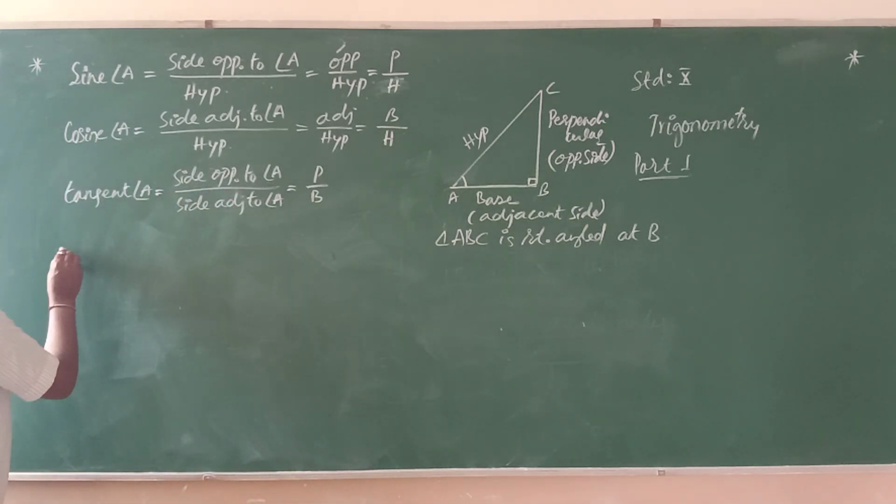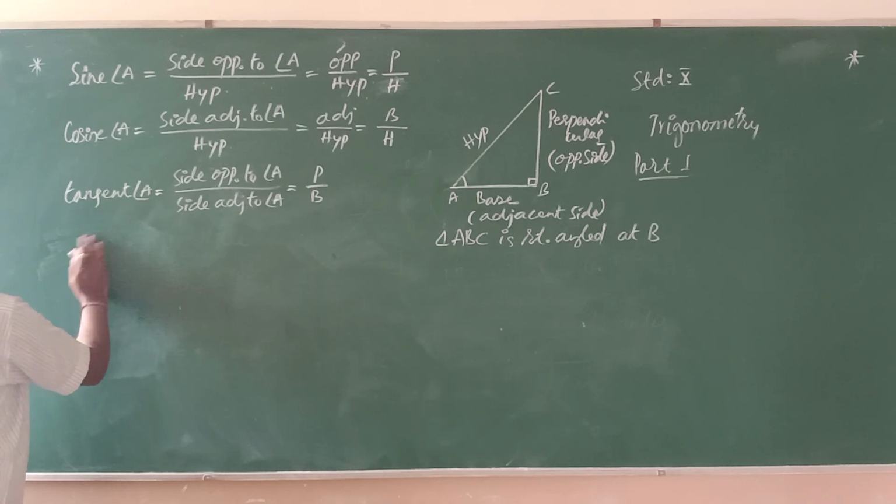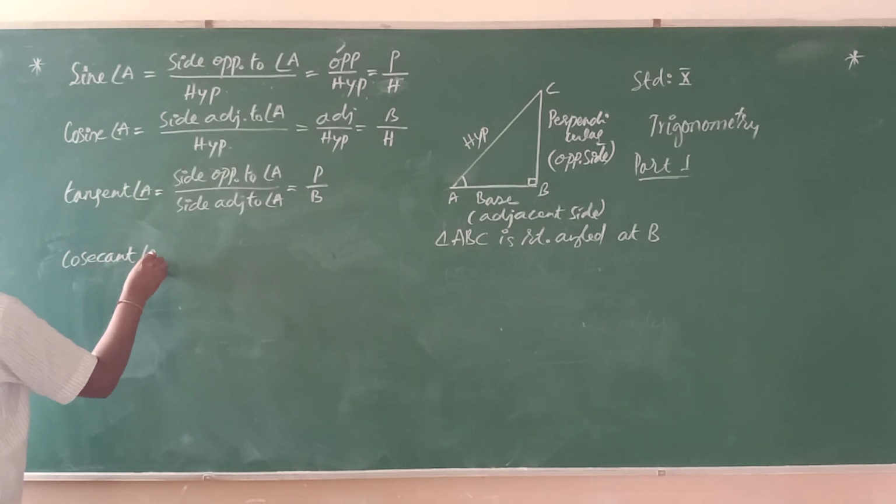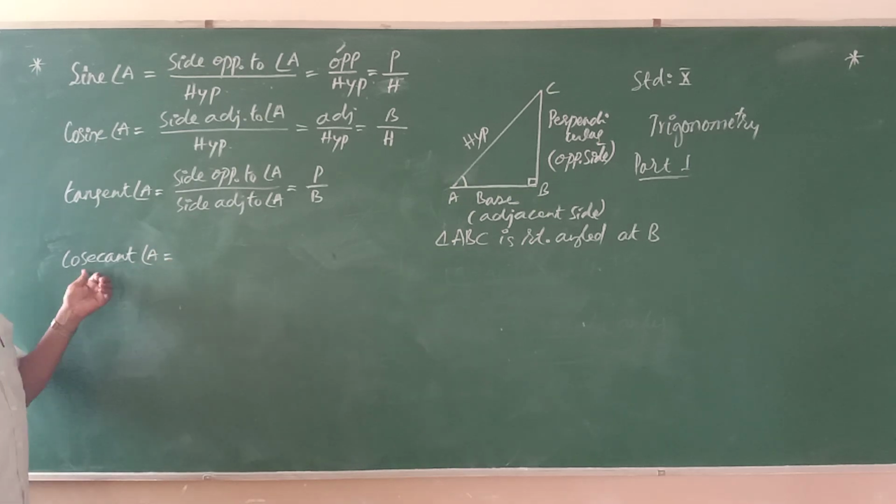And cosecant, secant, cotangent. That is sine, cosine, tangent, cosec, secant, cot.